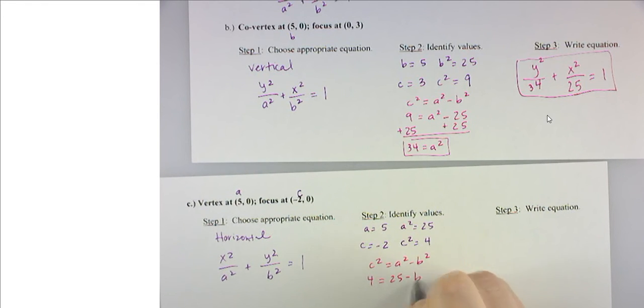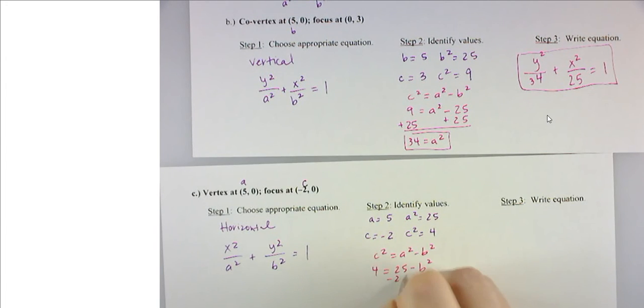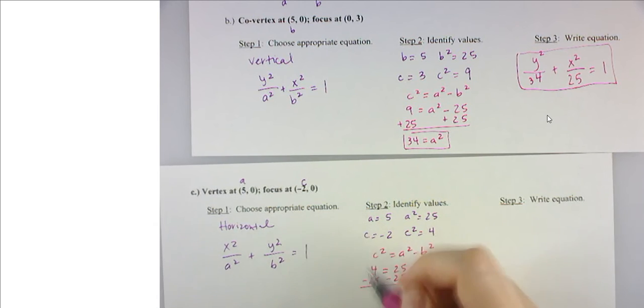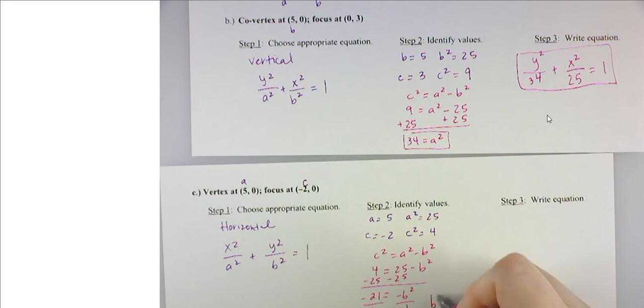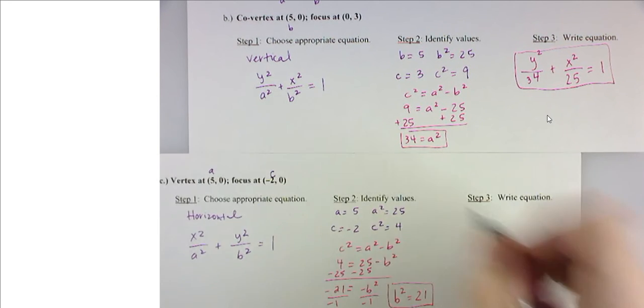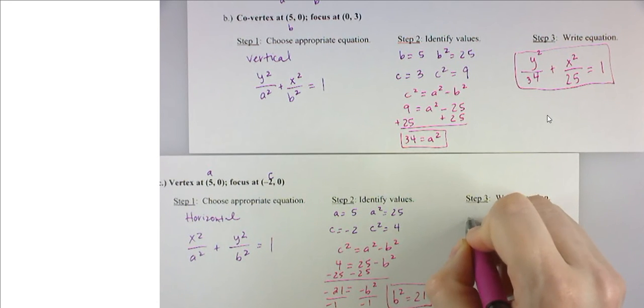This would be -21 equals -b squared. Divide by -1, and b squared equals 21. So it doesn't even matter what b is. We don't need it for our final equation, which would be x squared over 25 plus y squared over 21 equals 1.